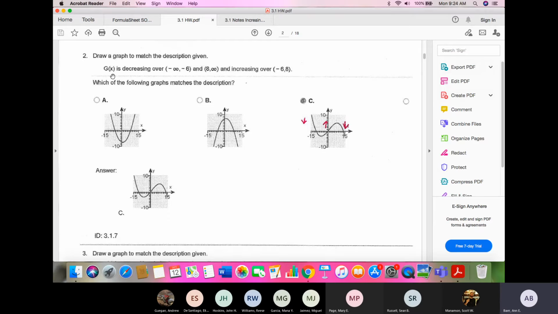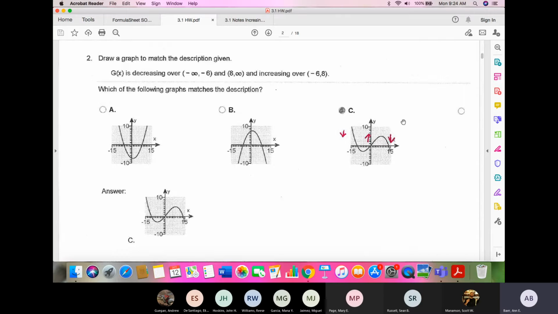So we're given a graph. We're wanting to identify the graph g of x, which meets these conditions. There's really 4 choices, but the way MyLab Math prints out these problems, they don't put all 4 choices on there.